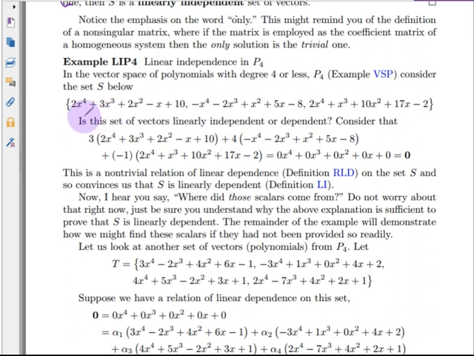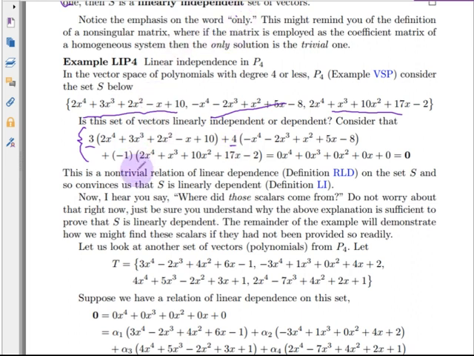So here we have a set of vectors, this one, and this one. And we want to know, are these vectors linearly independent? It turns out that they're not linearly independent because there is a linear dependence relation. So we want to have a way of coming up with such constants when they exist.